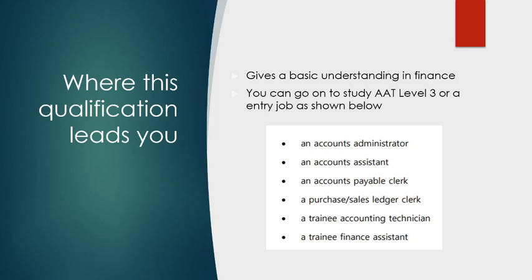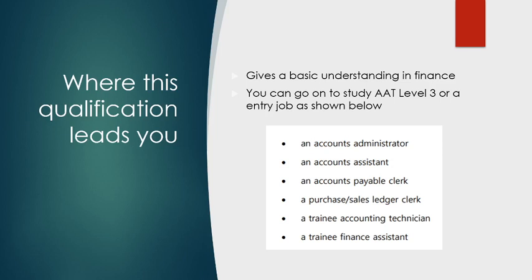So overall this qualification is a good qualification. It gives you a basic understanding in finance, and it gives you 2 different routes that you can go down if you decide you like accounting. You can go on to study AAT level 3, and I will go over AAT level 3 in another video, or you can go on to do an entry level job.